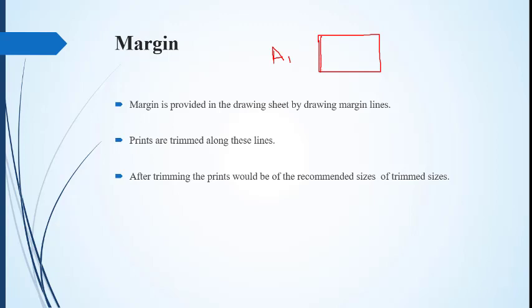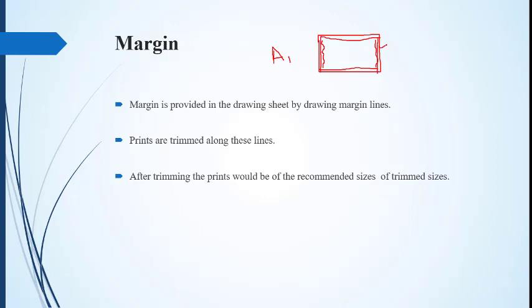Here you can see the final edges. These are known as margins. For example, if I want to print any drawing up to this extent, these are the margin, and up to this extent the margin line is drawn.